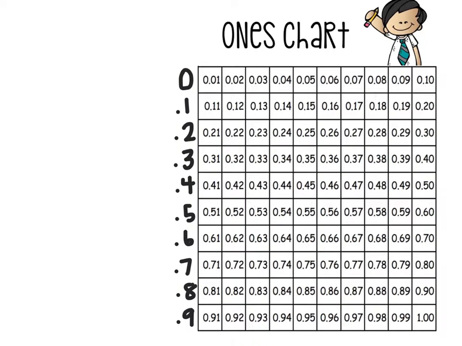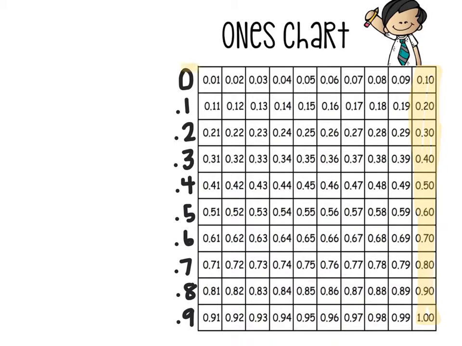Now, today I had you go through and fill out a hundredths chart. So instead of counting by one wholes or counting by tenths, we counted by hundredths. And again, we can use this column on the right. We're going to look at the tenths over here.